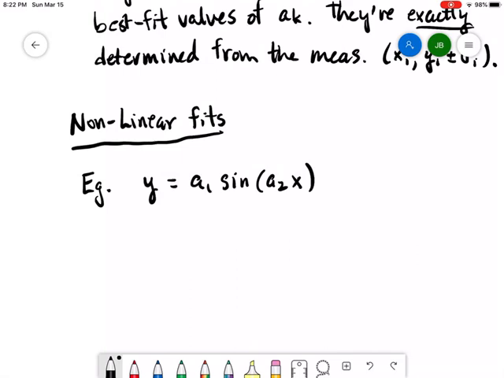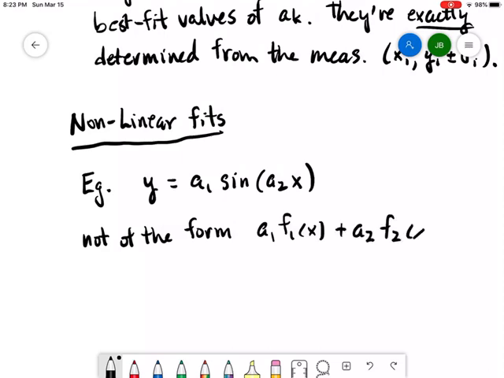So this is clearly not of the form, say, of a1 f1x plus a2 f2x, right? And the reason it's not of that form is because the a2 parameter is inside the argument of the sine function, and so we can't separate that a2 as some coefficient times a function of x.